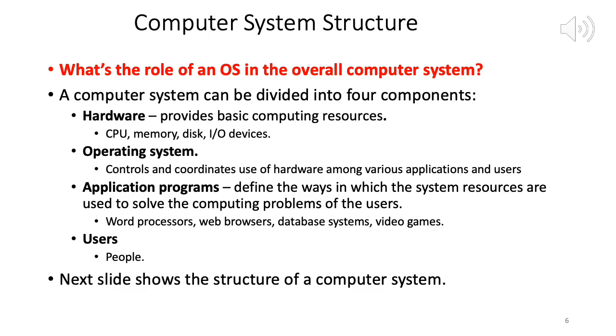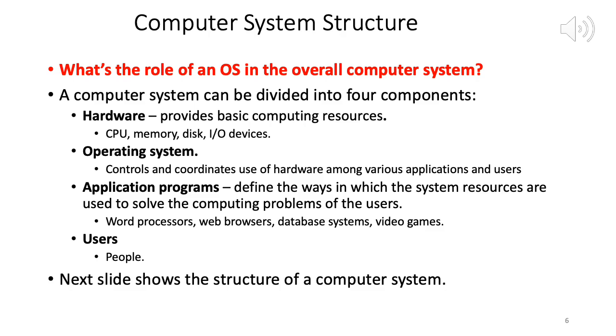At the lowest layer we have our hardware, which provides basic computing resources. You need a CPU to execute instructions and operate on data. Your applications would be stored in memory, so you need to retrieve them from memory, bring them to the CPU, and then the results that you get, you may have to write them back to memory. So memory is another resource.